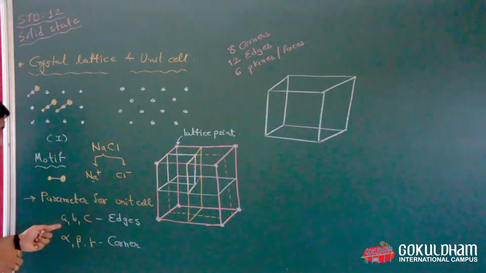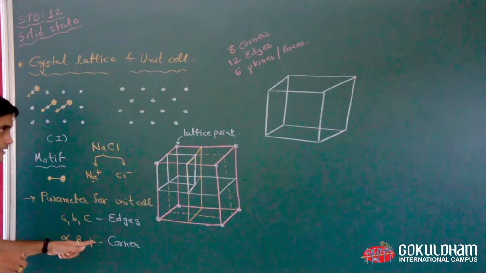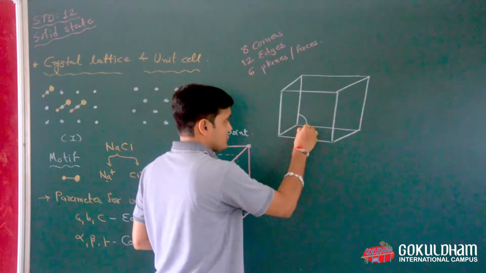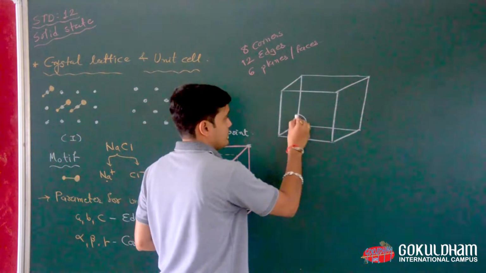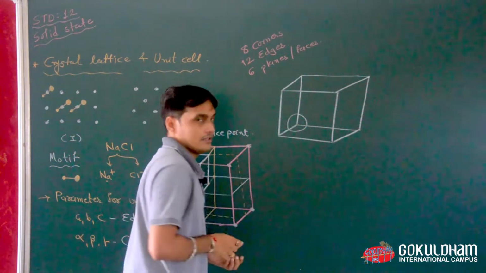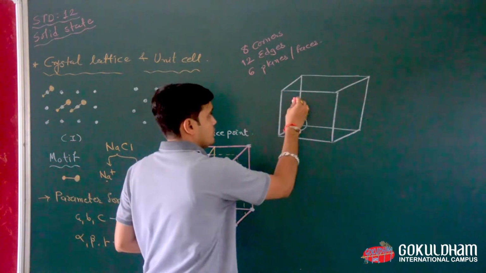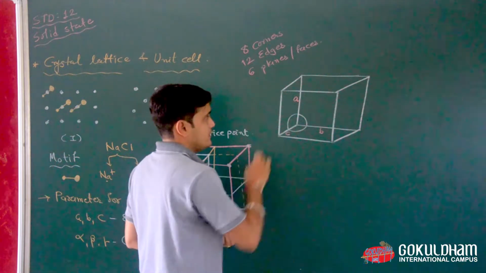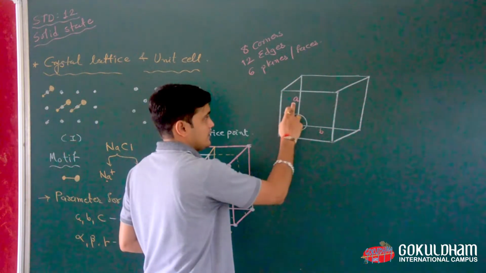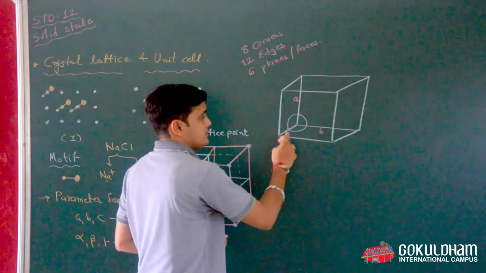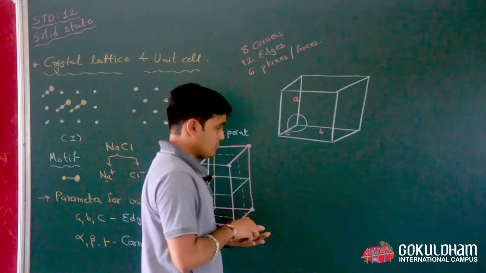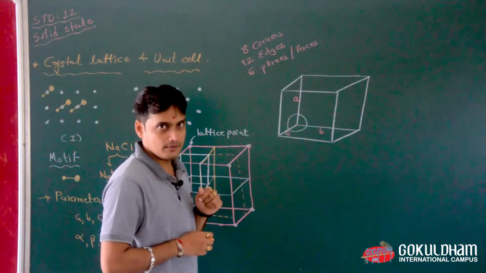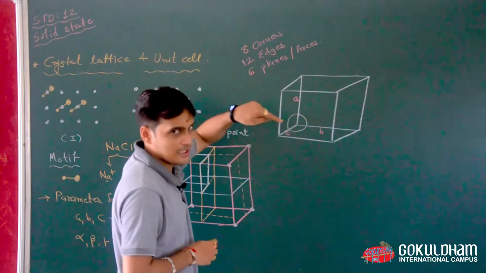How can we use a, b, c and alpha, beta and gamma? These are the angles between 3 different edges. Suppose we take the edges as a, b and c. This edge is known as a, this is b and this is c. You have to remember a specific angle notation for a, b and c.